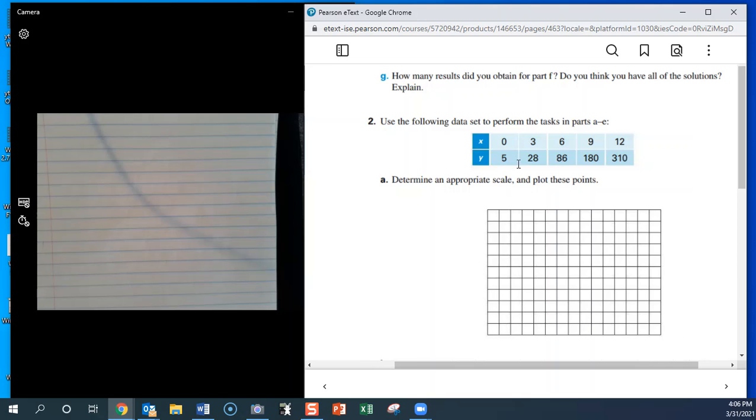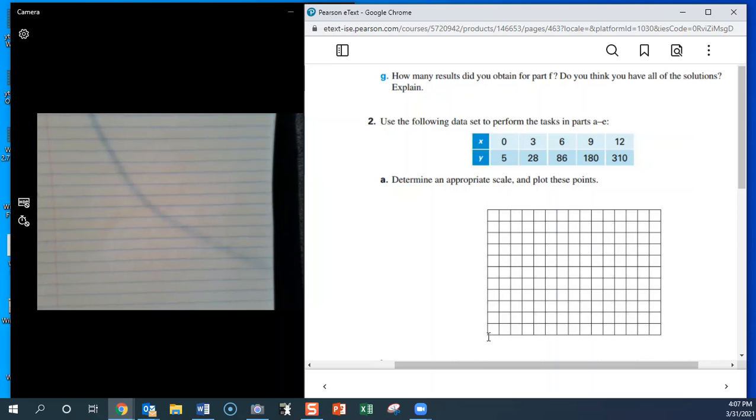Now the y values, we start here at 5, but we go to 310. And if we count up here, we got 1, 2, 3, 4, 5, 6, 7, 8, 9, 10, 11. So it looks as though we would be going by 30s here.